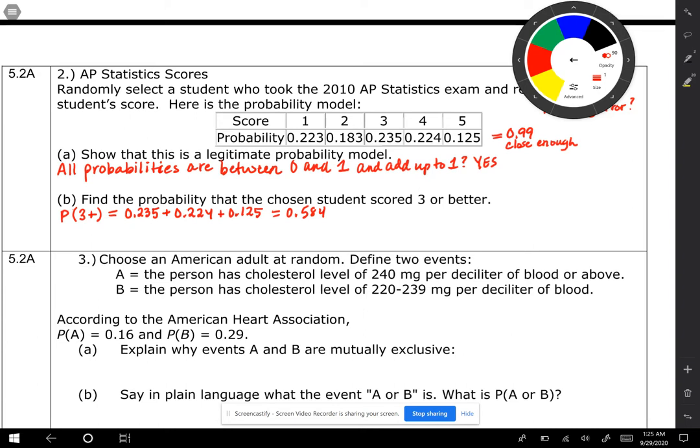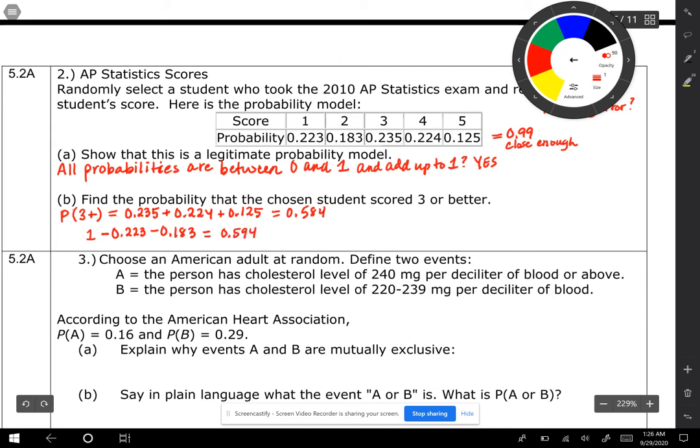Or you could have used a complement, and subtract the ones that aren't 3 or better. So subtract the scores of 1 and 2. So you can do 1 minus 0.223 minus 0.183, and you get 0.594.